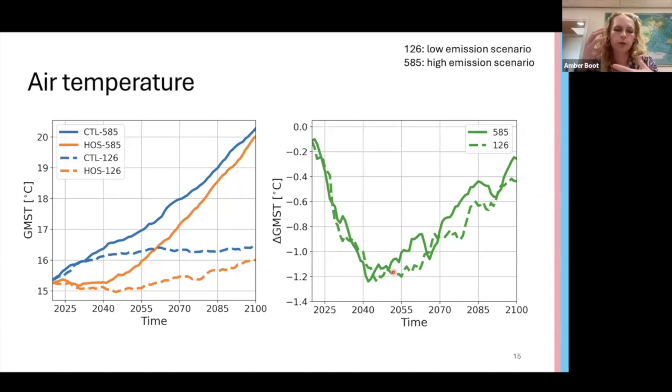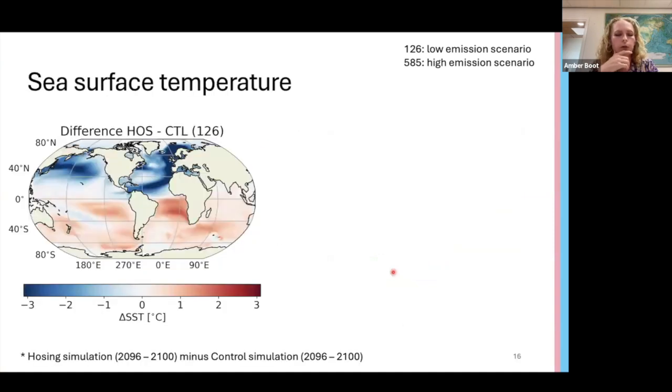Now, it's not just a cooling on a global average, but there's also this spatial pattern. So this is for sea surface temperature. And if I show these kinds of figures, what you will see here is the hosing simulation averaged over the last 5 years minus the control simulation averaged over the last 5 years of the century.